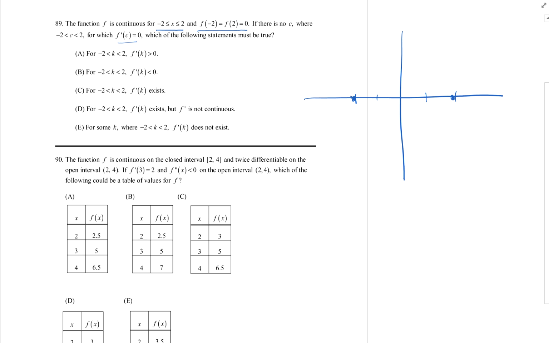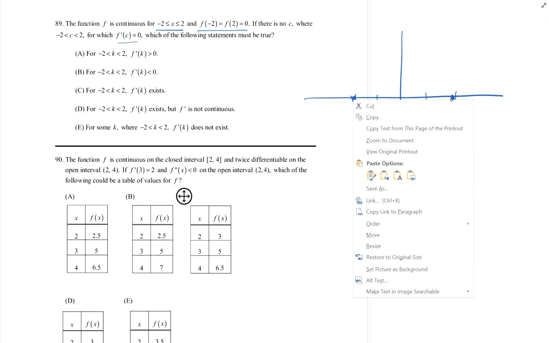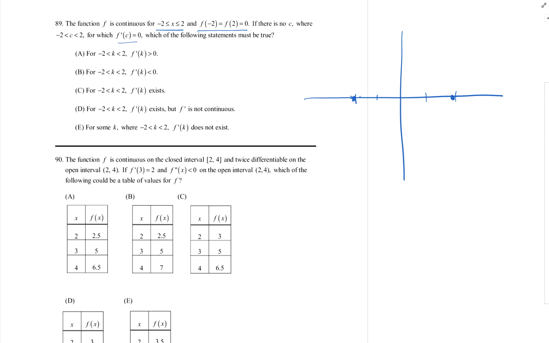So f is continuous, in other words, it's connected from here to here. But there's no c where the derivative is 0. So what does that mean? However I draw it, there's going to be a c where the derivative is 0. So what keeps that from happening?